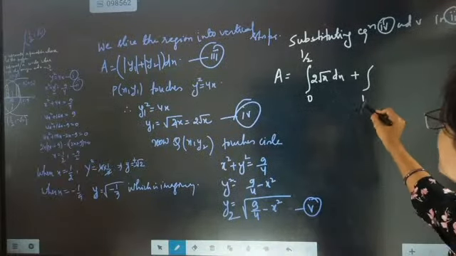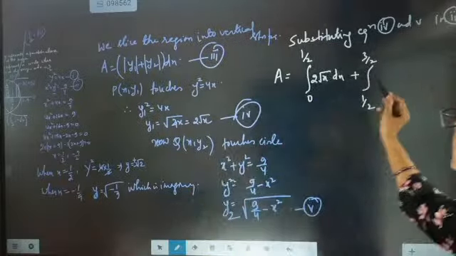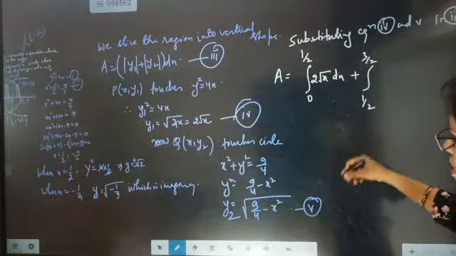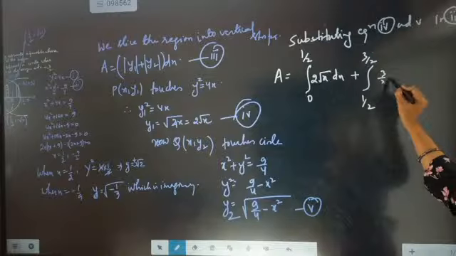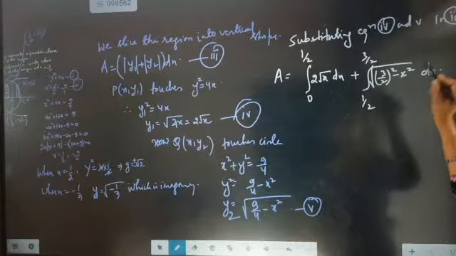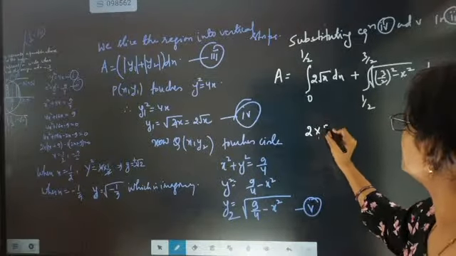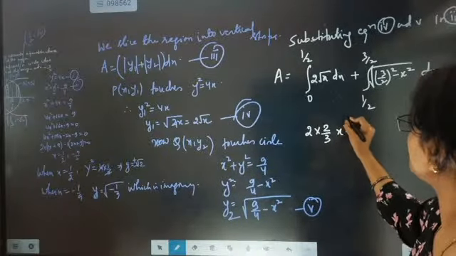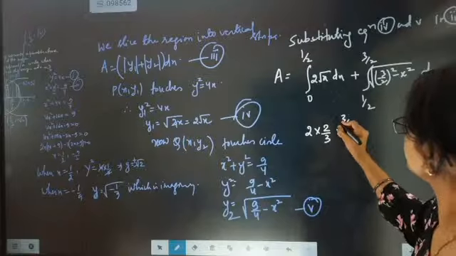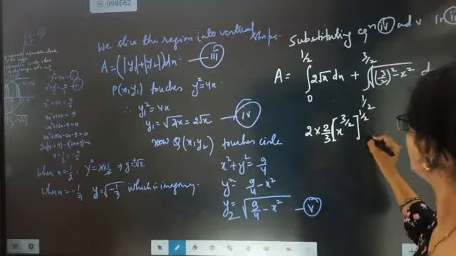Now the y2 part is 1 by 2 to 3 by 2. We already know the second part is from 1 by 2 to 3 by 2, and this is root of (3 by 2) whole square minus x square dx. So now this region will be 2 into 2 by 3 x to the power 3 by 2 from 0 to 1 by 2.